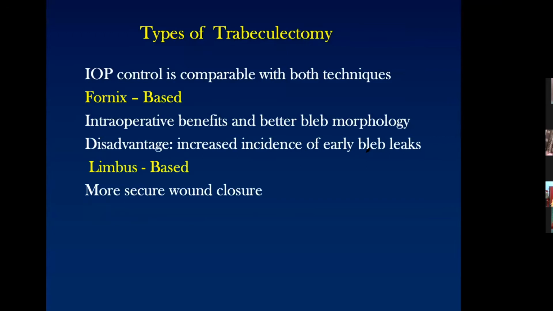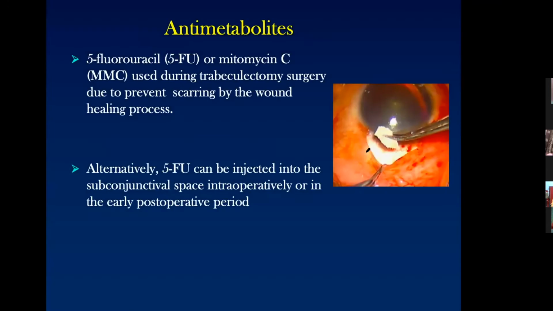If you compare overall success rate and specific indication, they are similar in both the categories, both in fornix and limbal based trabeculectomy. So it is essential to use anti-metabolites in almost all cases, except few specific contraindications like pregnant women.